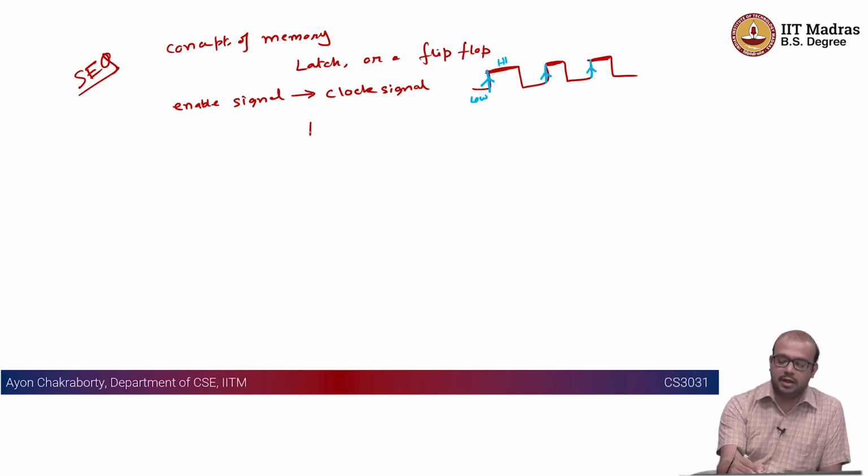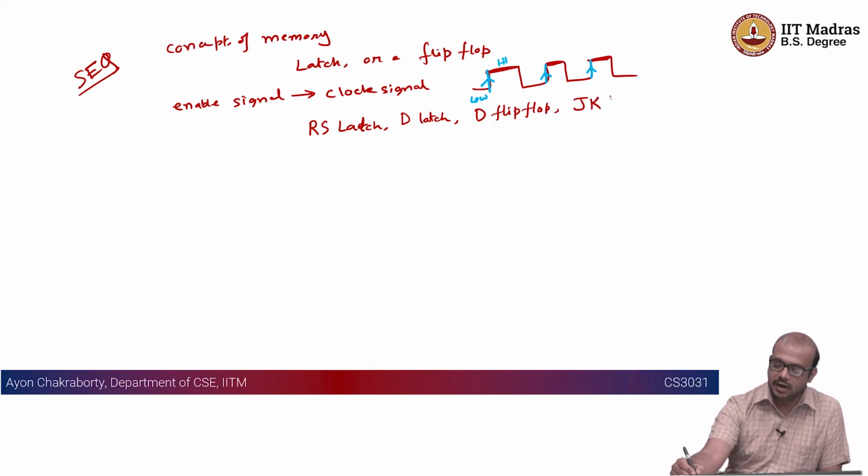We started with the RS or SR latch, then we looked into a D latch, then we also looked into a D flip-flop, then we looked into a JK. I would say it is still referred to as a JK flip-flop, but it's mostly like a latch, and it also suffers from this problem of race condition.